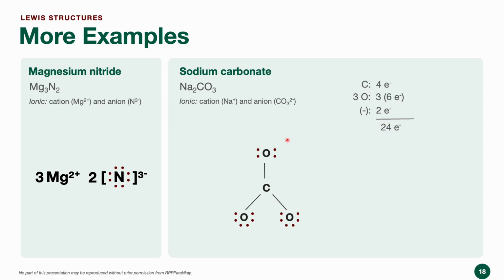And notice the last 2 electrons, we need to have an octet for the carbon. So instead of writing it as a lone pair, we will transform it into a double bond. If we draw this structure, the -1 charge will be on this oxygen and on this oxygen. So that is CO3 2-, bearing -1 charge for each of those oxygens.